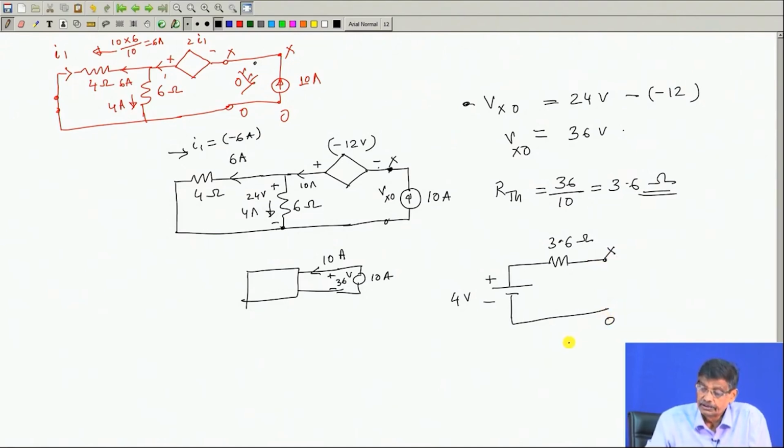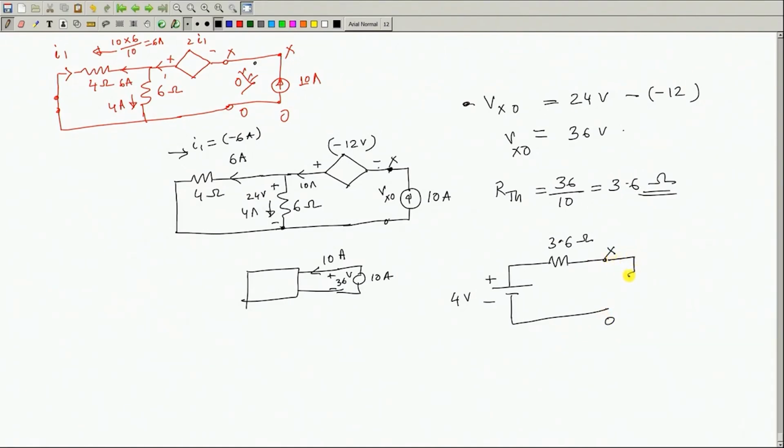And the question was, when I terminate these XO points by a 2 ohm resistance, is it 2 ohm, what will be the current in this? So, this current that was denoted by I 2 earlier through this 2 ohm resistance is 4 divided by 5.6.